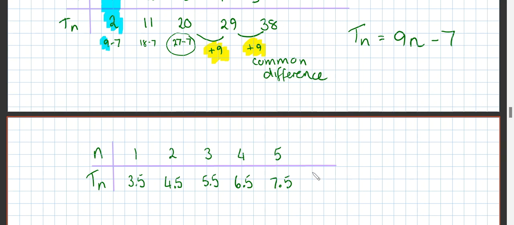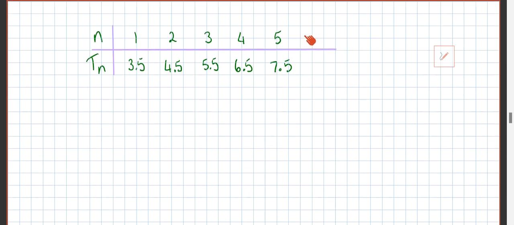I want to show you this one, because quite often people get scared when they start seeing decimals and things here, and I want to show you how there isn't really anything too scary, because the same things apply, which is we work out what the common difference is, and you can see if I did 4.5 subtract 3.5, I get the answer 1.